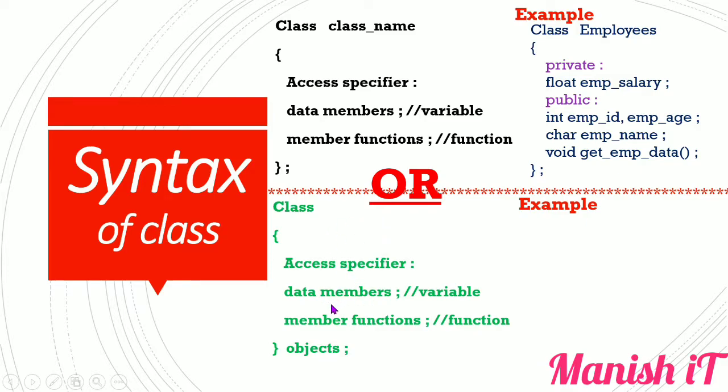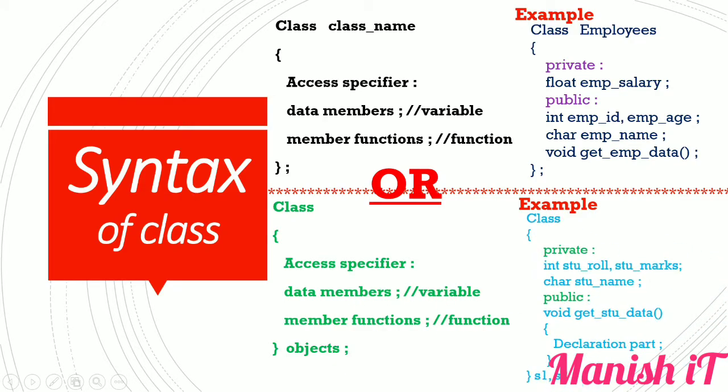Whatever member function is there, you have to define within the class, and you must write your object names after completing the class. In the example, I have written class, and inside the private area are student roll number, student marks and character type student name. The public area has void get function and its declaration part, and I have mentioned s1 and s2 as the objects of this class.